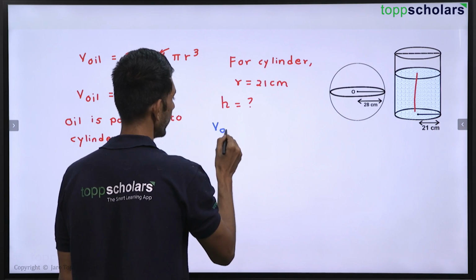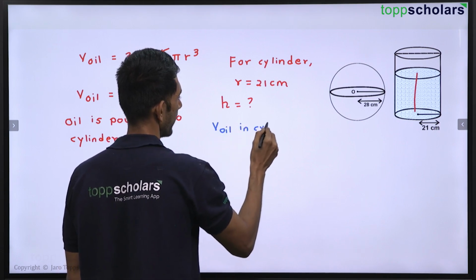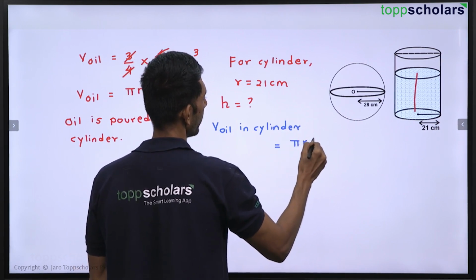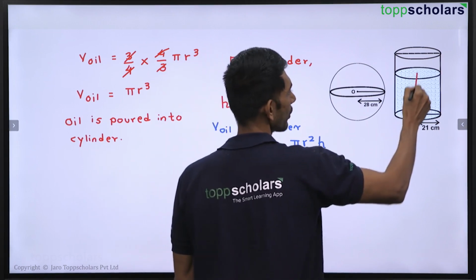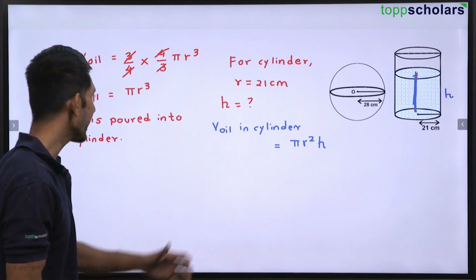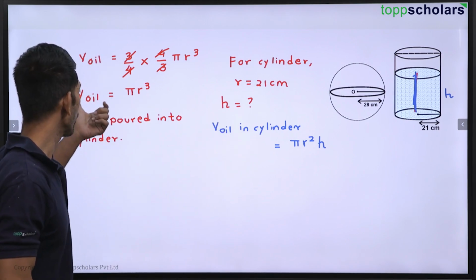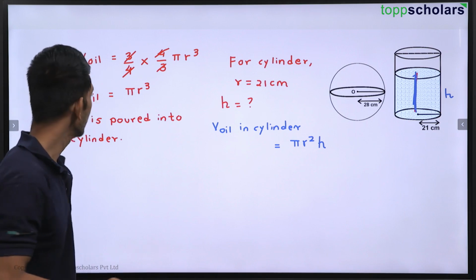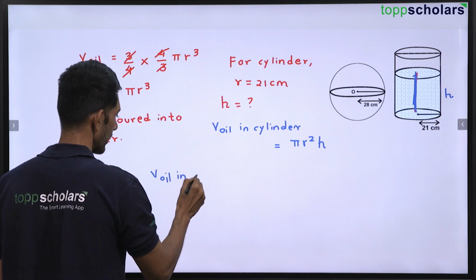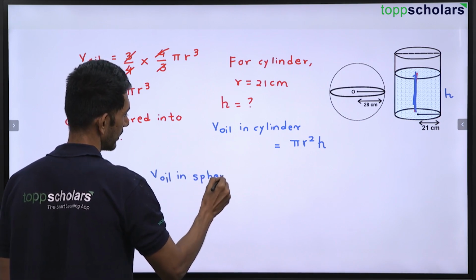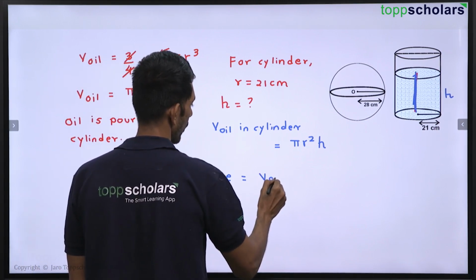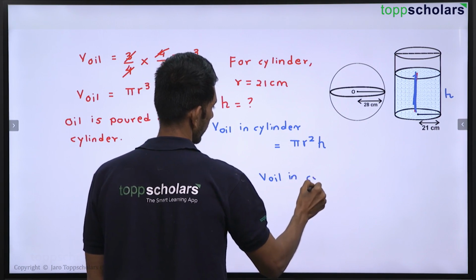This volume of oil in cylinder will be equal to pi r square h, where h is not the entire height, h is the height up to which it is filled. So the volume of oil in the cylinder and the volume of oil in the sphere will be equal. So here can I say volume of oil in sphere is equal to volume of oil in cylinder.